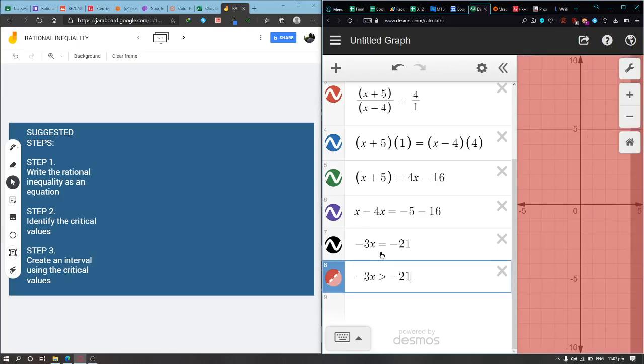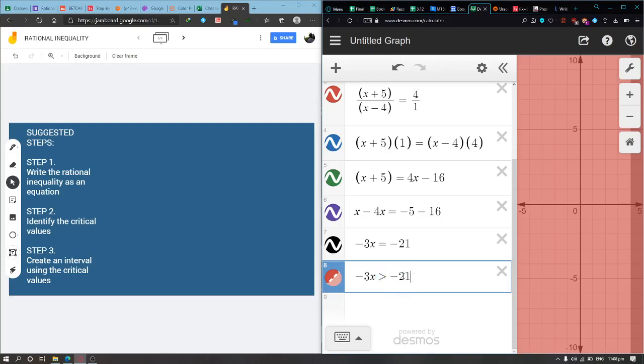Since this is our inequality and the coefficient of x is negative, if we multiply or divide by a negative number, our sign will flip, from greater than into less than, or from less than into greater than.